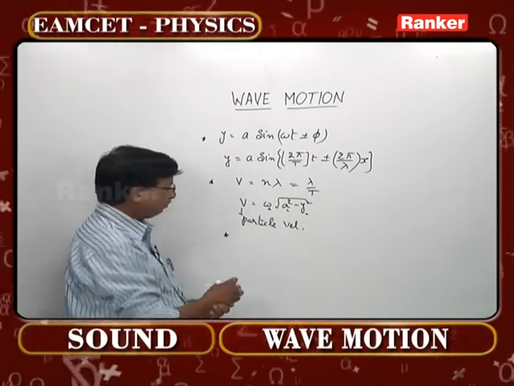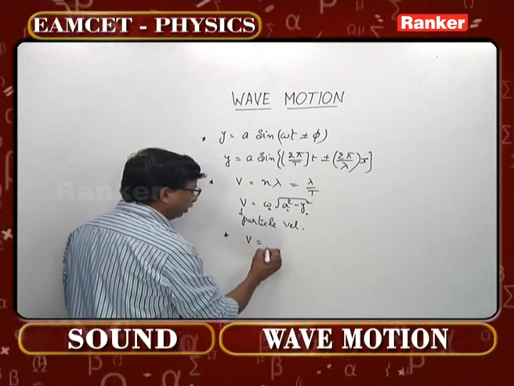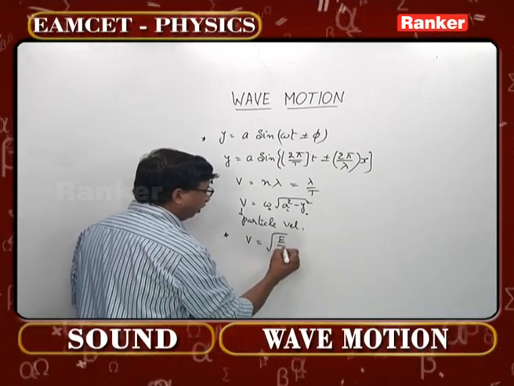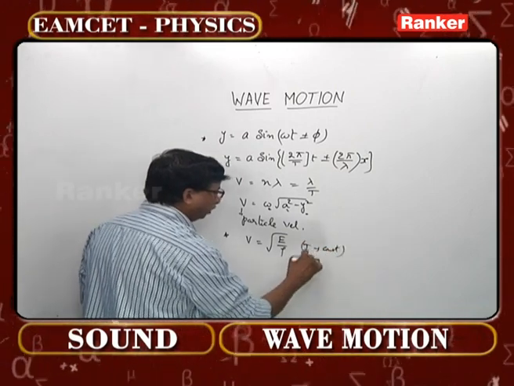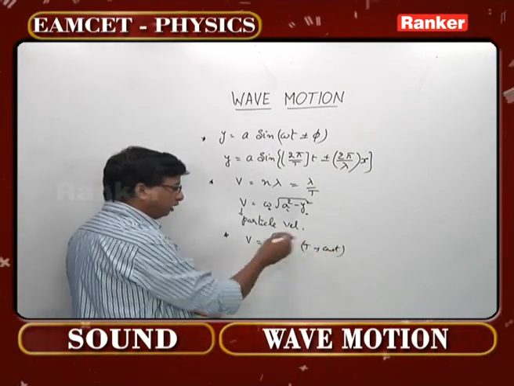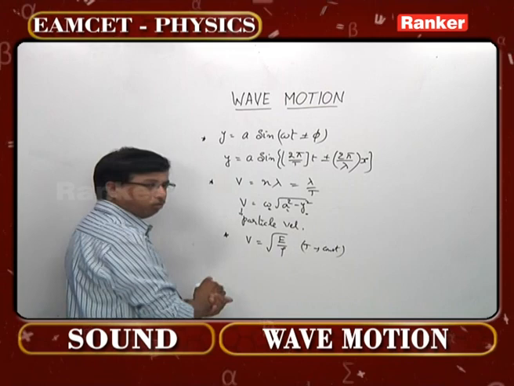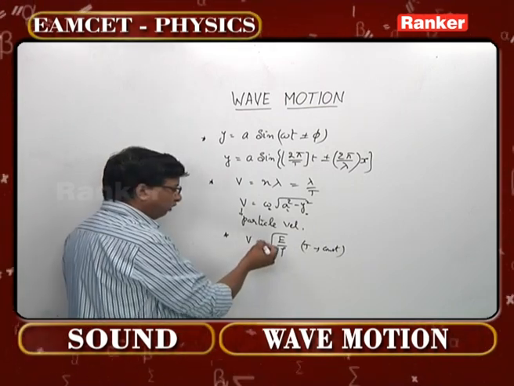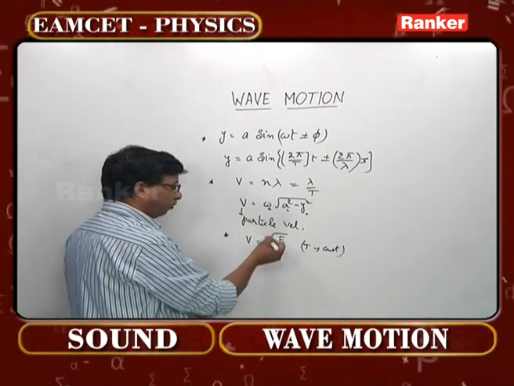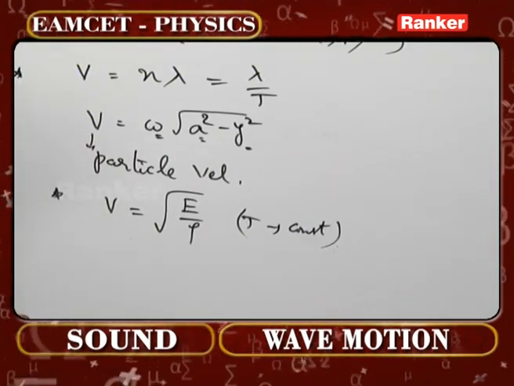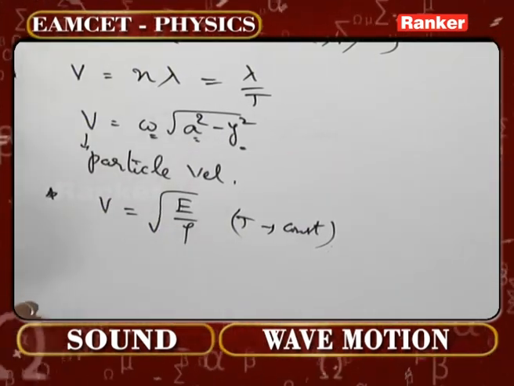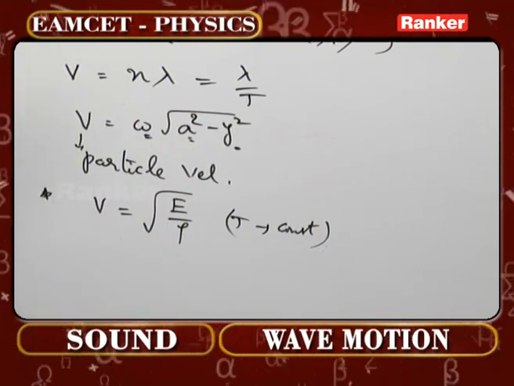Velocity of sound is equal to under root E by rho when temperature remains constant. In other words, in an isothermal medium, according to Newton's formula, velocity of sound is directly proportional to the square root of the modulus of elasticity of the medium and inversely proportional to the square root of the density of the medium.